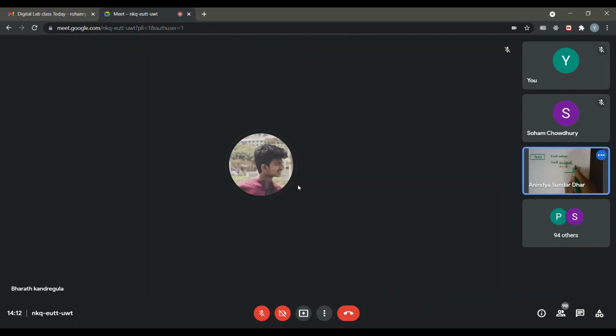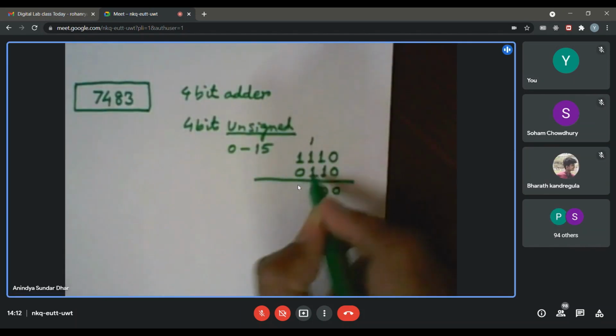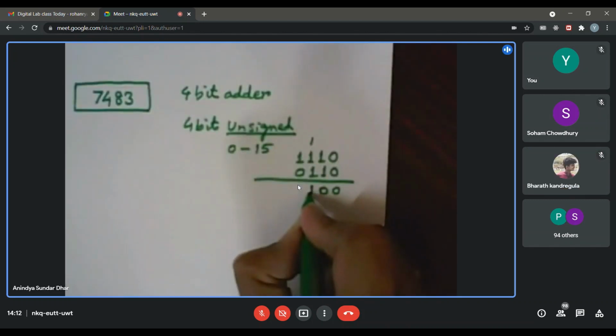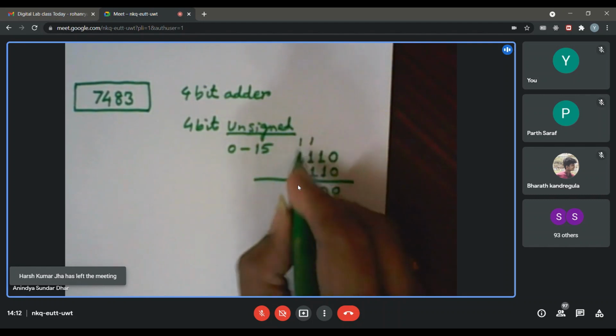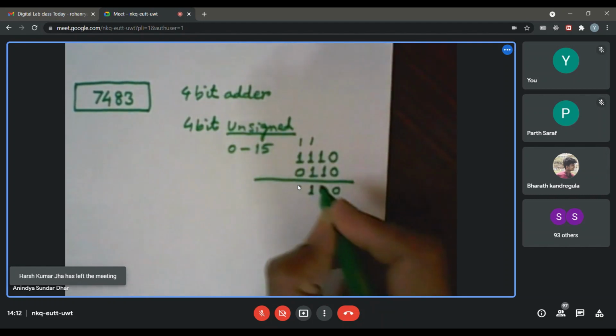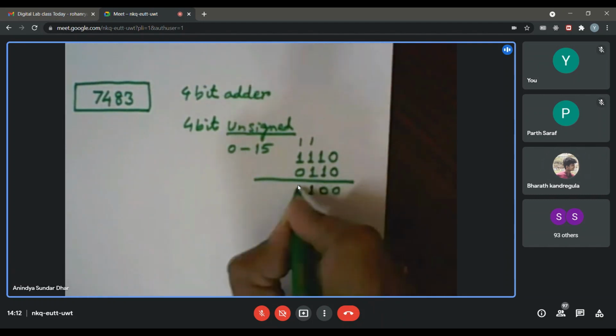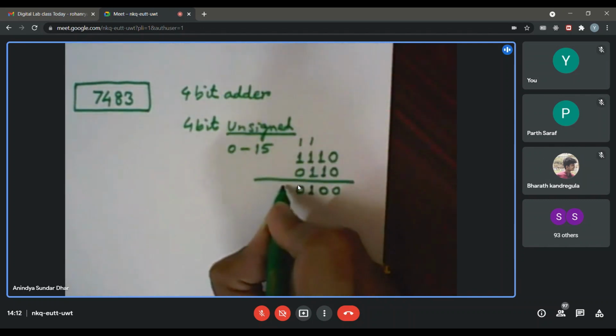Now these 3 ones are there in a row, then I should write 1, with a carry of 1. Now 1 and 1 should be 10. That should be 0, but that would generate a carry, right?